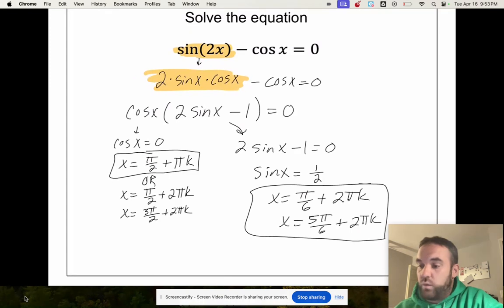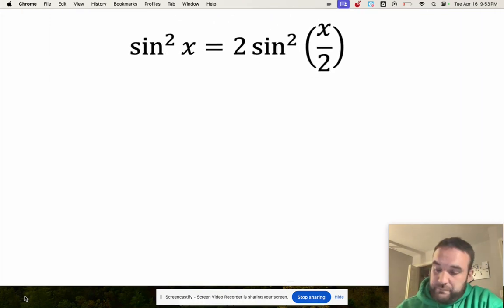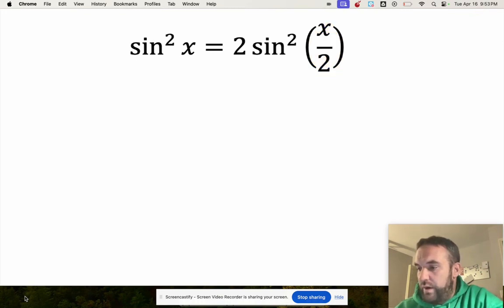So that is one way we could use the double angle formula to solve an equation that contains sine of 2x. And finally, if we can make it through before my computer dies, we're going to try and solve this. I see x over 2 here, which to me means I'm going to need to figure out a way to change that.